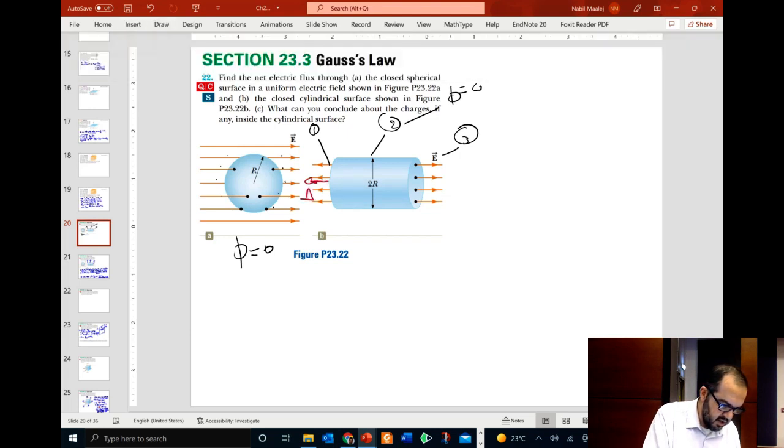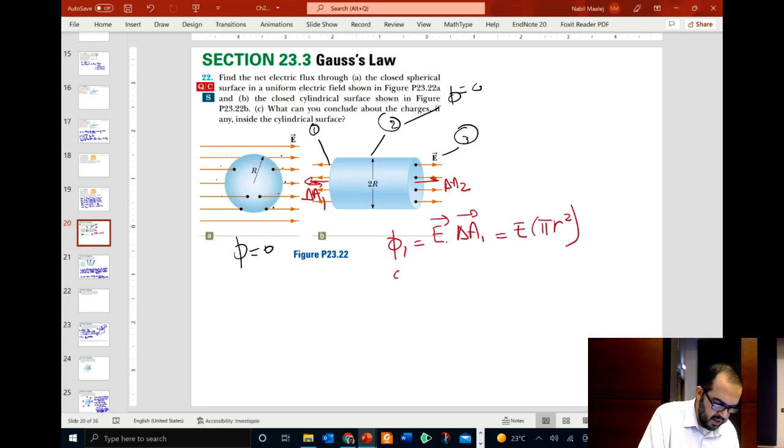This is the area vector, delta A 1, and here this is delta A 2. So flux 1 through area 1 is just E dotted with delta A1. Since they are parallel, cosine of 0 is 1, so this is going to be E times the area, which is pi r squared.